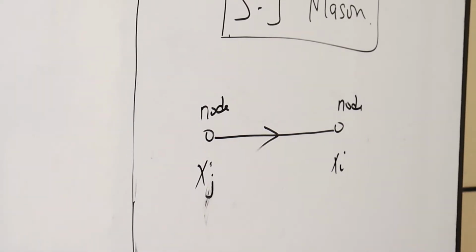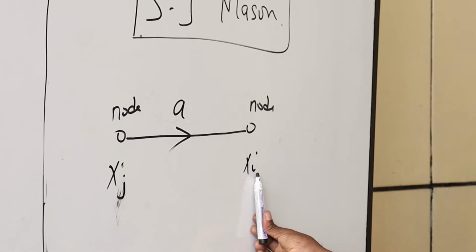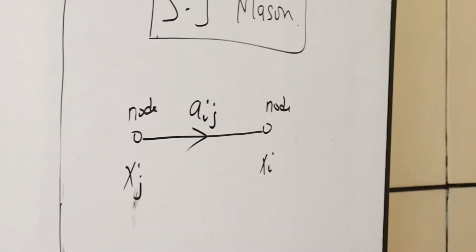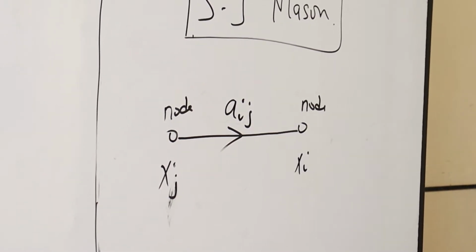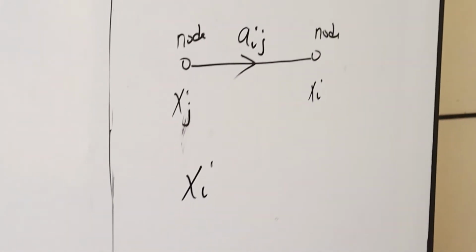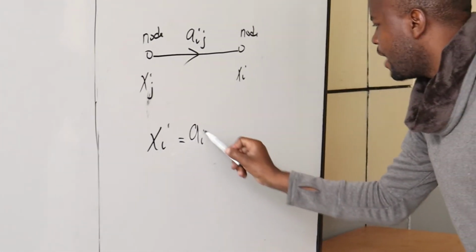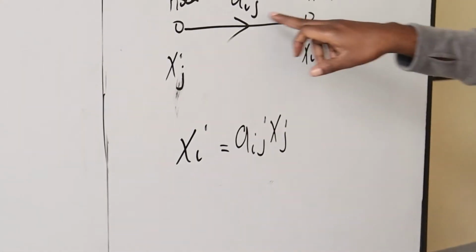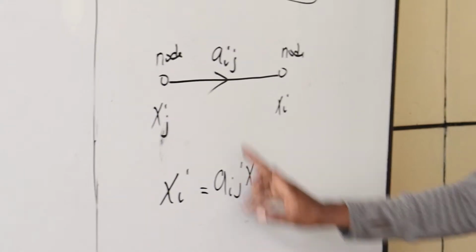In between, we have what we call the transmittance or the transmission function, which we can name A. For the output node i and input node j, Aij is the transmittance or transmission function. This represents an equation whereby xi, the output, is given by Aij times xj, where Aij is the transmittance, and A is the gain.